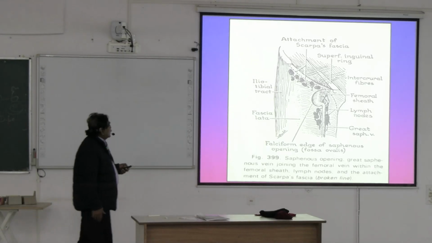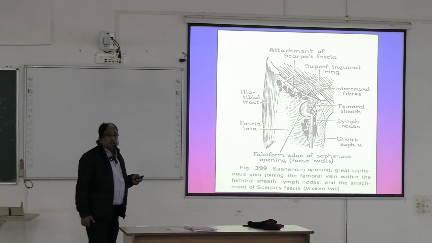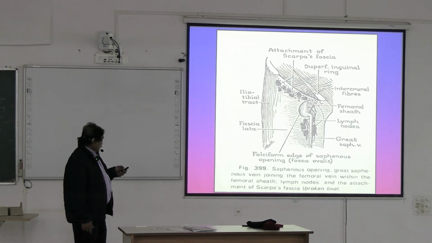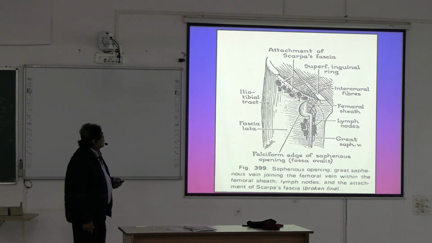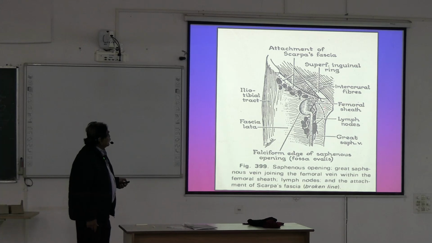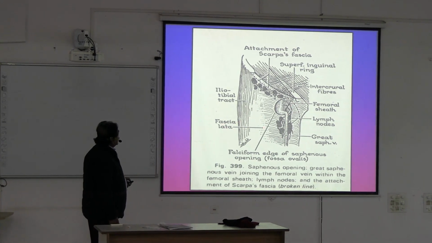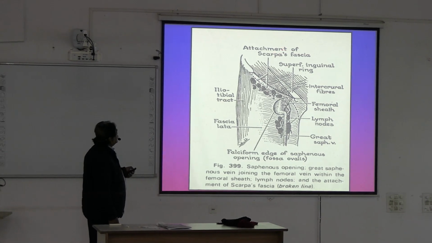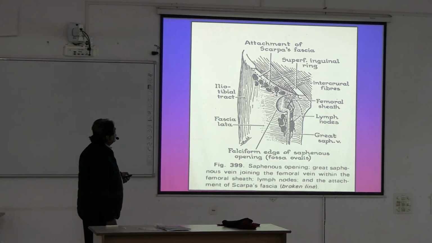Now this is a picture from one of my favorite books, Grant's Anatomy, and see saphenous opening, great saphenous vein joining the femoral vein within the femoral sheath, lymph nodes, and the attachment of Scarpa's fascia, and see the femoral sheath and the lymph nodes, great saphenous vein, the fascia lata, and attachment of Scarpa's fascia, superficial inguinal ring, the intercrural fibers, and this is the inguinal lymph nodes.